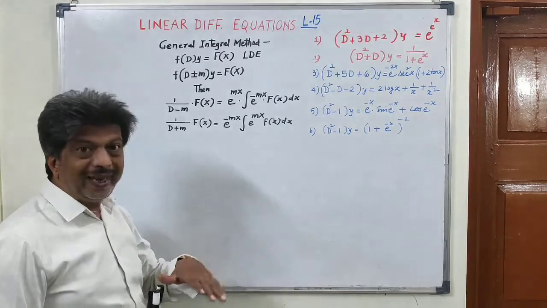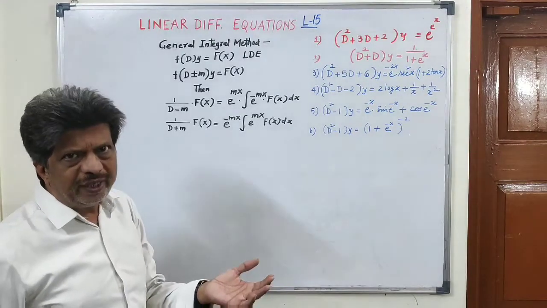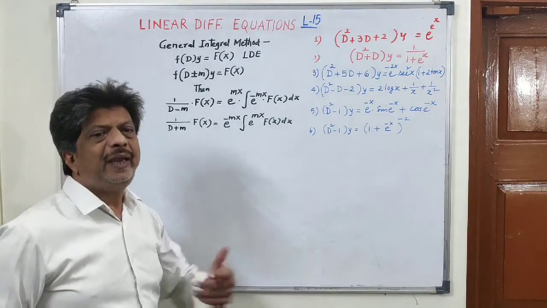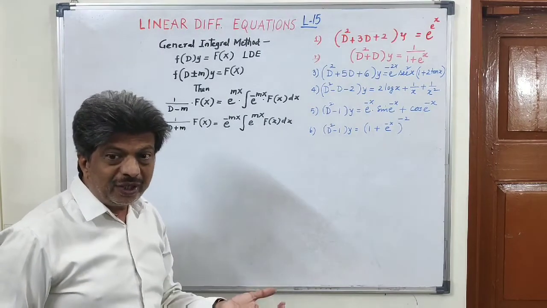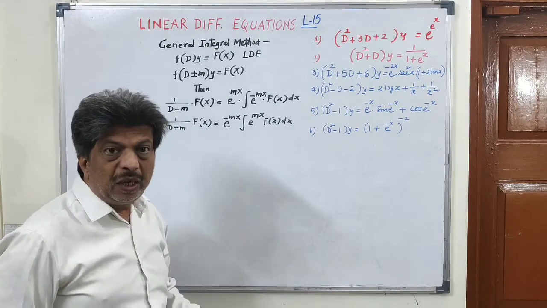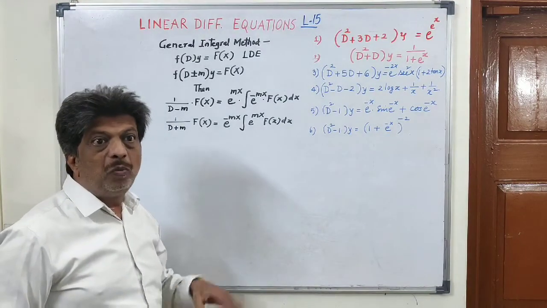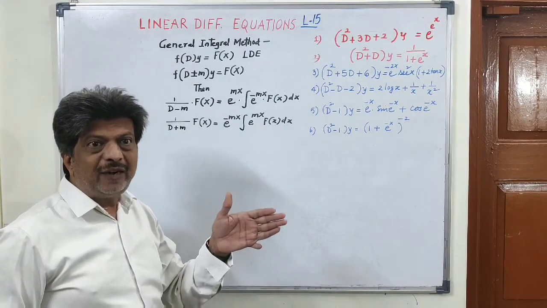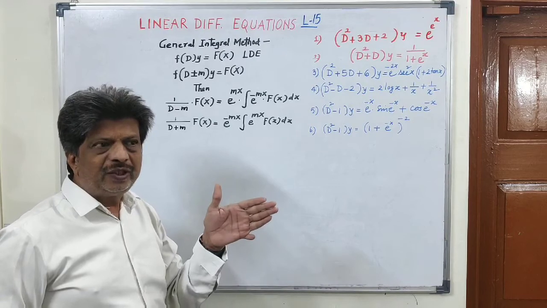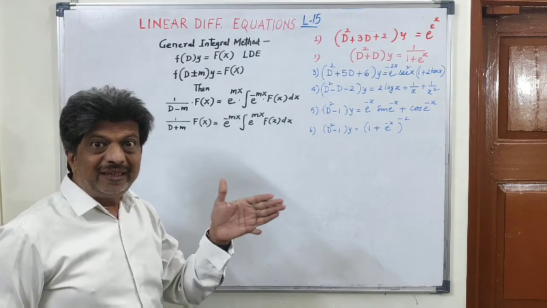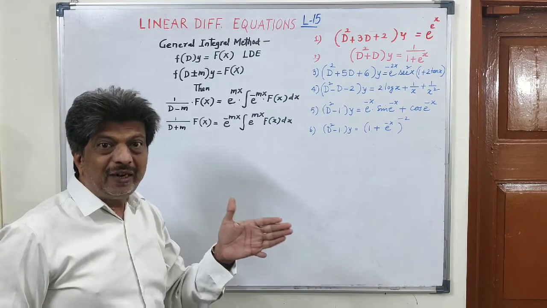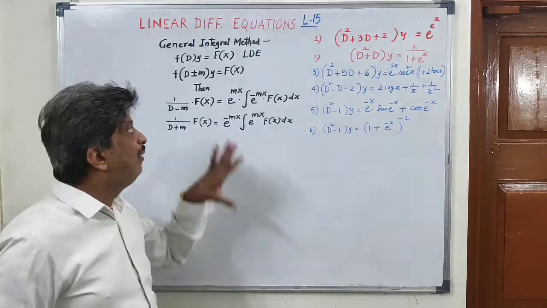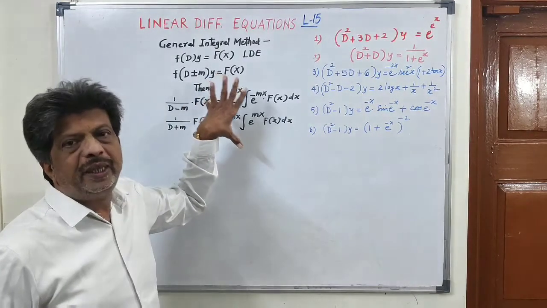But if the function is e raised to power x instead of e raised to power ax, if it is sine of e raised to power x, if the right hand side function is cos of e raised to power x or sine of e raised to power minus x, moreover if the right hand side function is tan ax, cot ax, sec ax, or log of x, then under these circumstances we insistently use this general method.